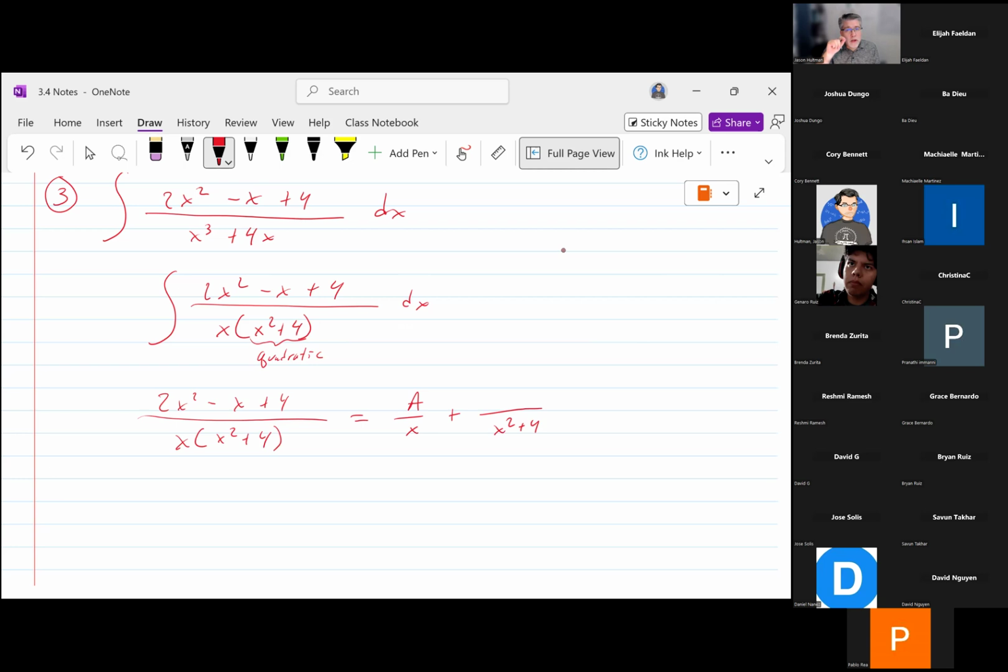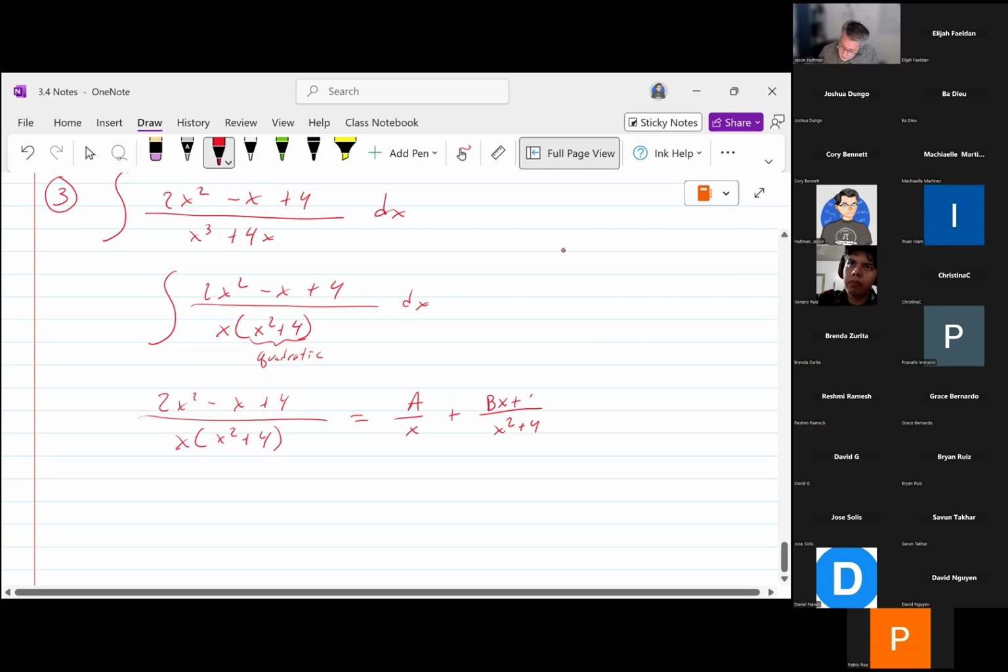If this is an x squared, the numerator has to be linear, so it has to take into account any possible linear function that could exist. Any possible linear function could either be a constant function or it could involve x. So we actually end up with two terms here on top.